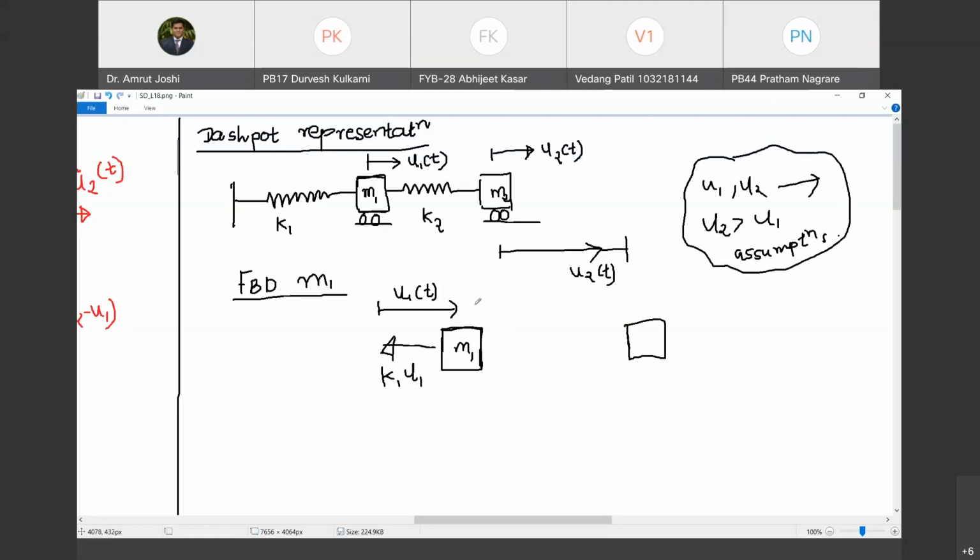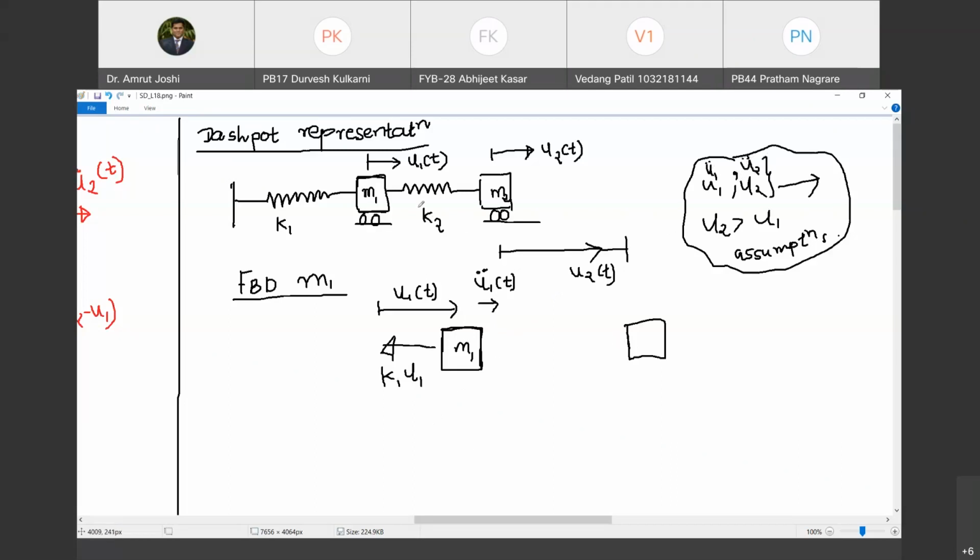What is its acceleration? Its acceleration is U1 double dot of T. Agreed? And I will assume it is towards right. So all these are assumptions. U1 double dot of T and U2 double dot of T towards right is the assumption.